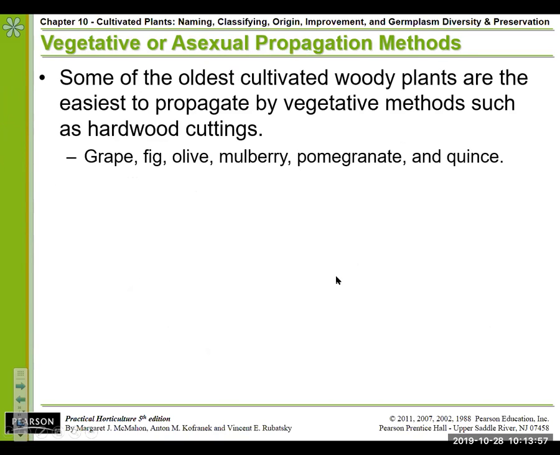So we've talked about actually preserving, cultivating those plants using vegetative and asexual propagation methods last week. And we mentioned how some of the oldest cultivated woody plants are still in existence, and they're still basically just clones of each other.